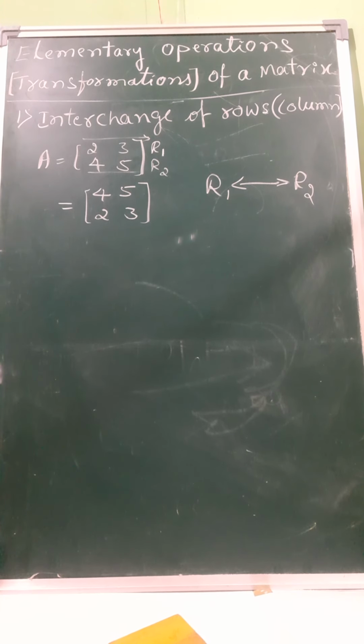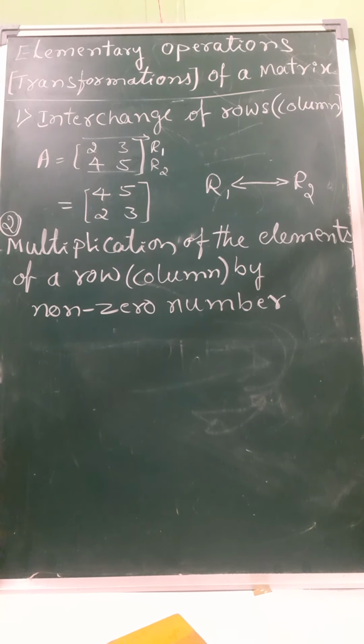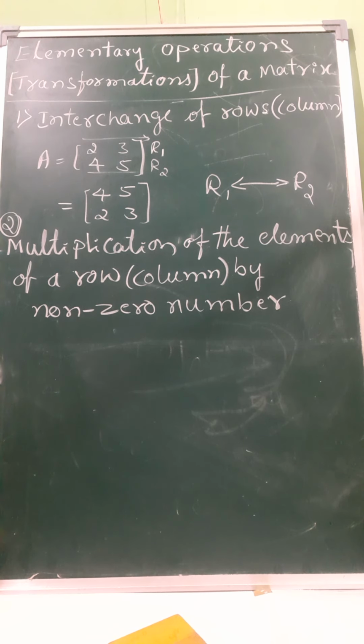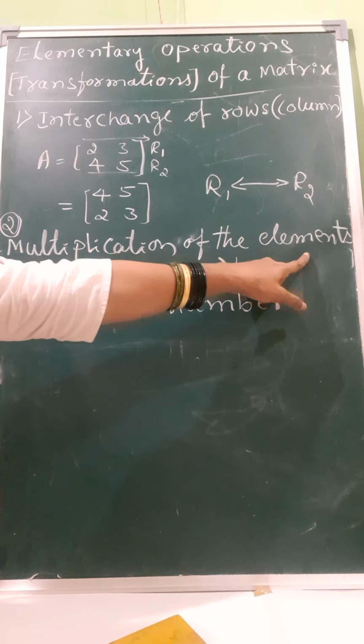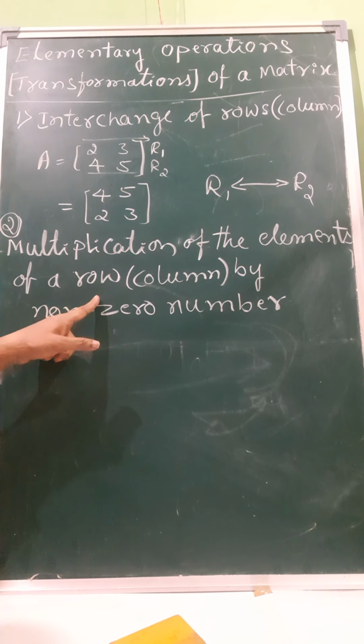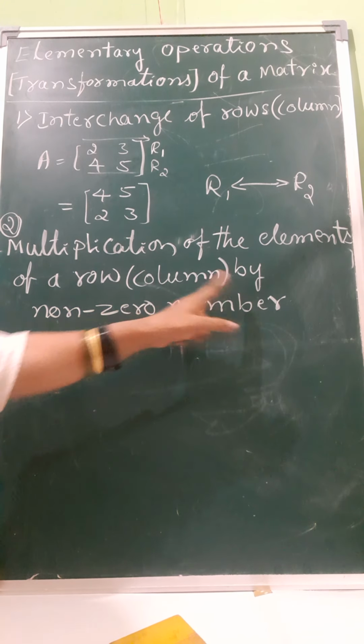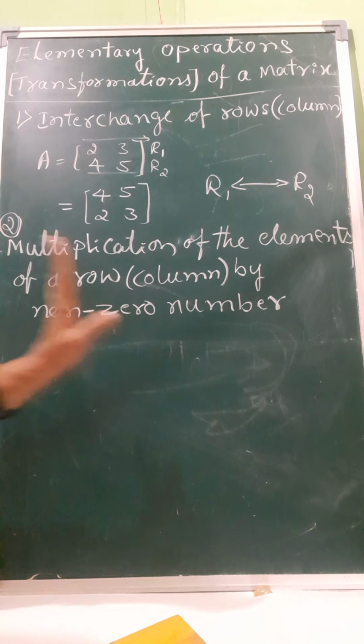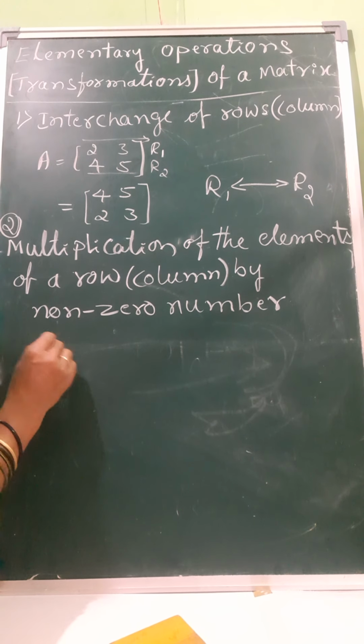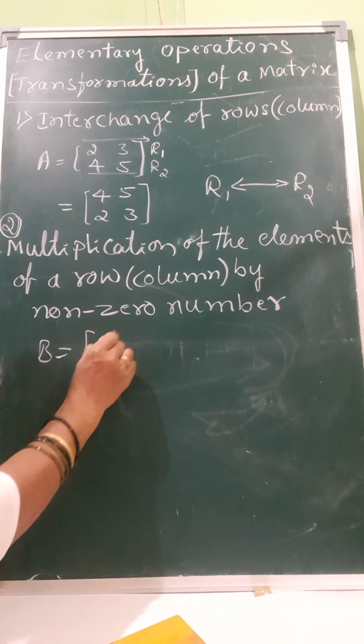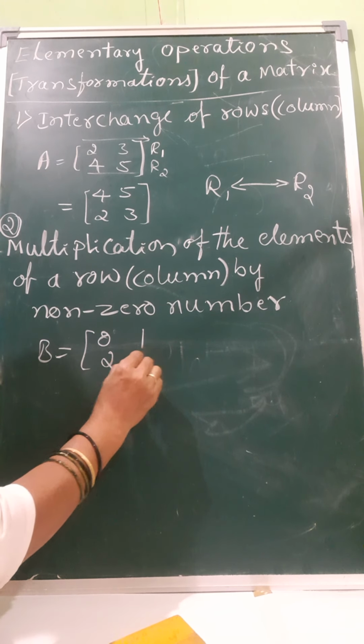Next, the second elementary operation is multiplication of the elements of a row or column by a non-zero number. Take B as 0, 1, 2, minus 1.